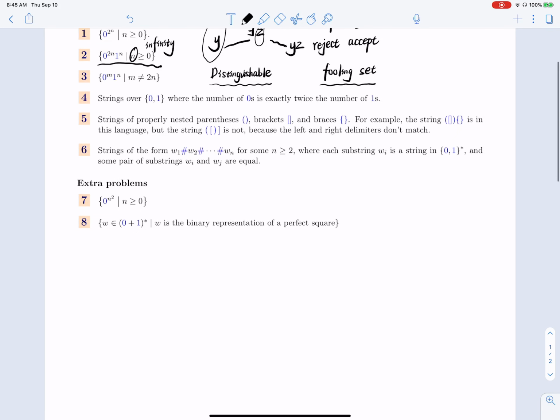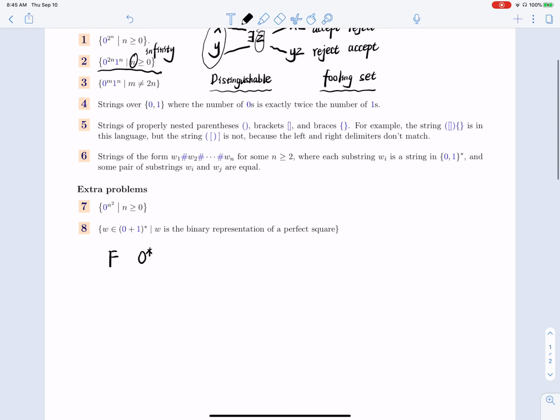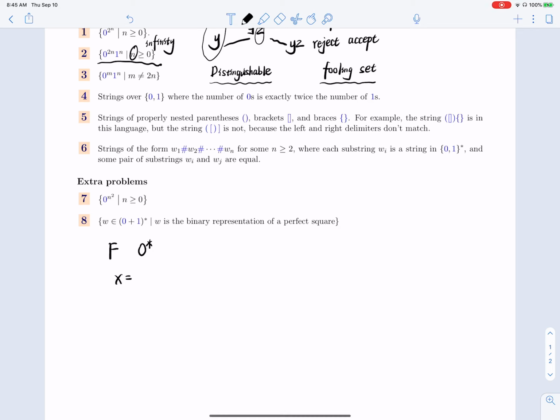So for this problem, assume F is 0 star, and x is 0^i and y is 0^j, where i and j are arbitrary non-negative integers and i is not equal to j.